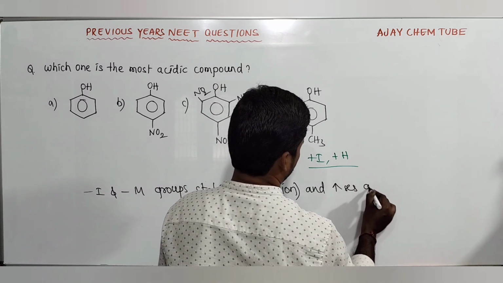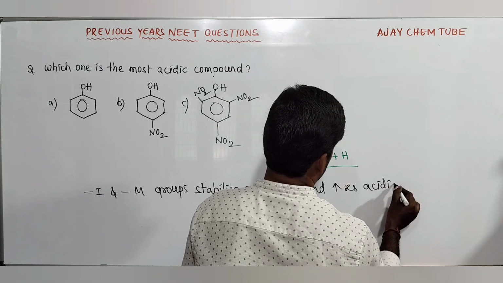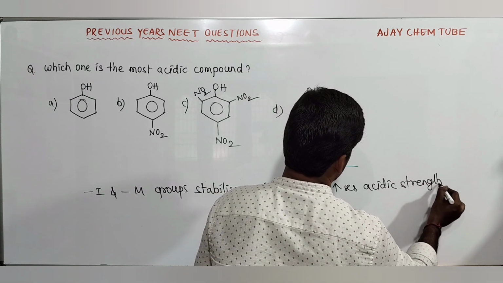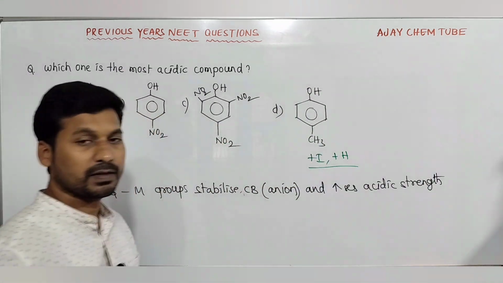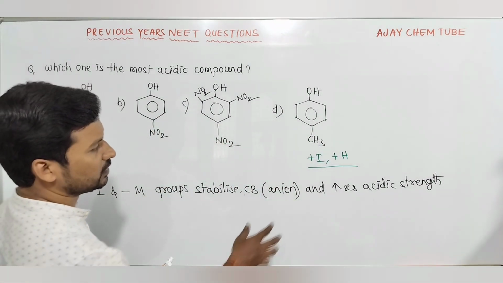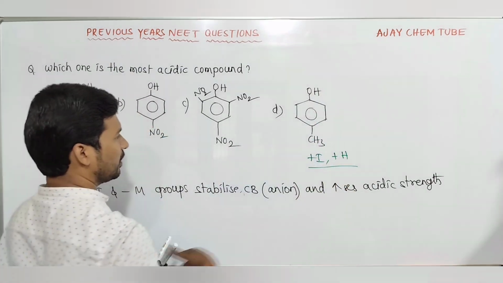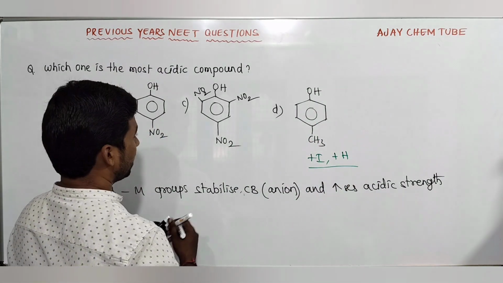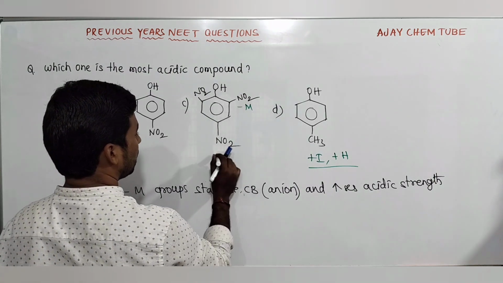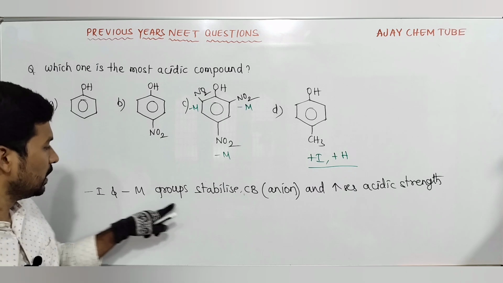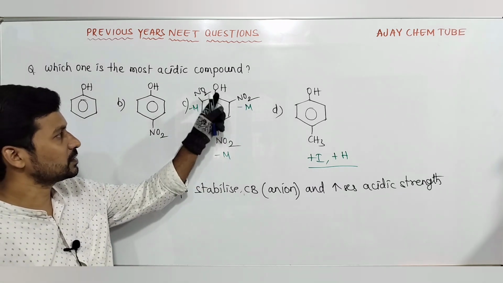So wherever minus M or minus I groups come, then acidic strength increases. But this is plus I, plus H effect, unfavorable effect. This is minus M effect, strong minus M effect, 3 positions, 3 minus M effects, very strong acid, most favorable, because minus M group increases acidic strength of phenol.